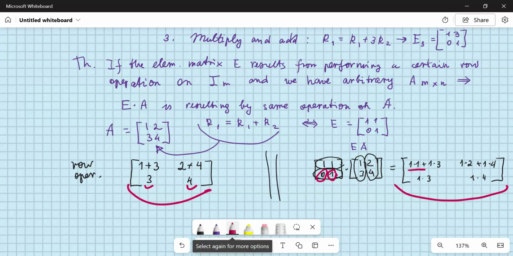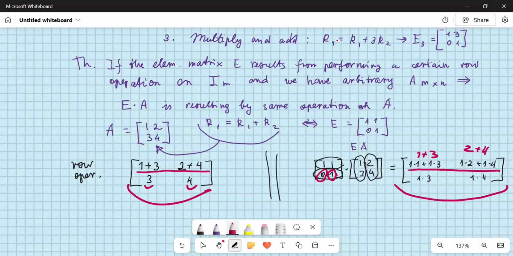Now, let's look at the first row here and the first row here. It looks like we do have 1 plus 3 and 2 plus 4 here, and 1 by 1 plus 1 multiplied by 3 and 1 by 2 plus 1 multiplied by 4 there. But we understand that multiplication by 1 does not change the numbers, and we still have the same 1 plus 3 here and 2 plus 4 here, which is exactly what we have there.